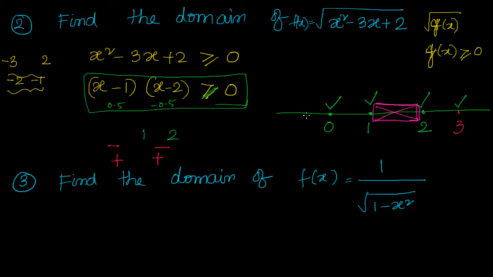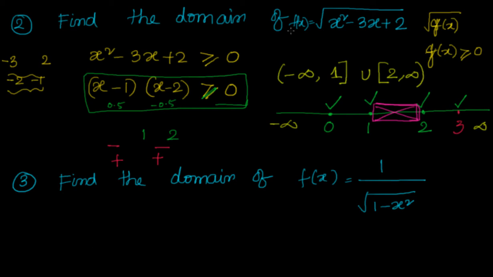That means my function looks like, if I go here negative infinity and here I go to positive infinity, I will say negative infinity, I am okay till 1, you are fine there. Now afterwards I don't want anything between 1 and 2, then from 2 to infinity.